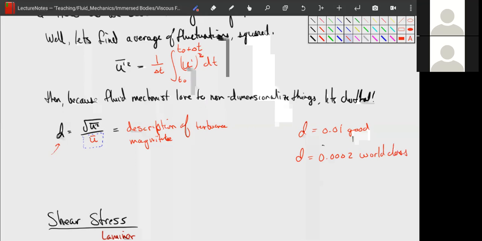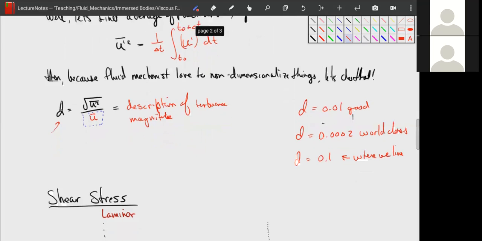That requires a lot of care in how you do everything associated with the wind tunnel. A lot of care. We can also say that I is equal to 0.1, and that is roughly where we live. So as you move around in your day, the turbulent flow is usually about 10% of the mean flow that you experience.